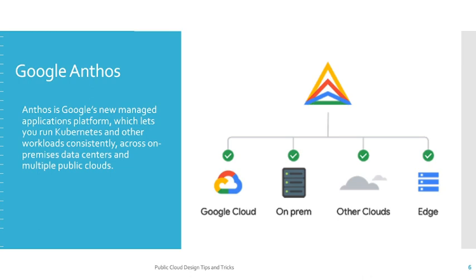If you are using Anthos, then you can realize your Kubernetes platform in your on-premise system, in AWS, Azure, in your edge location, wherever you want. So it will give you a hybrid cloud environment where you can run your Kubernetes cluster via Anthos anywhere outside the Google platform. That is the power of Google Anthos.